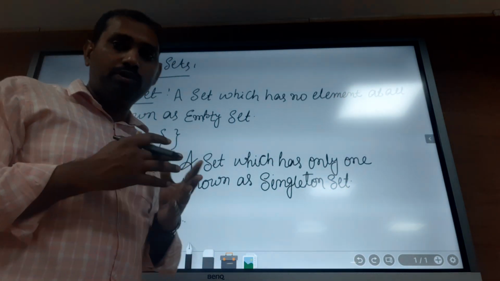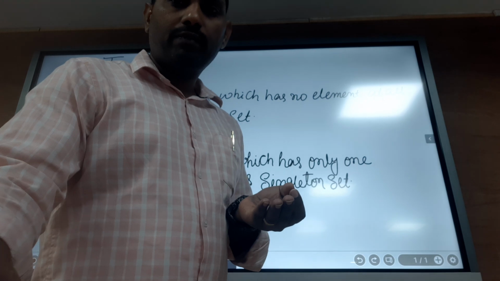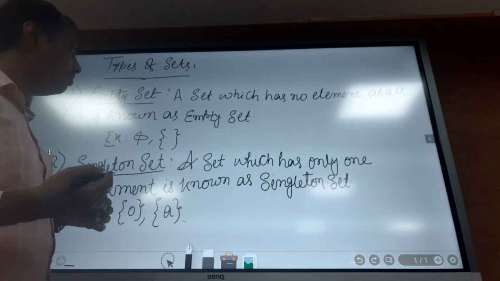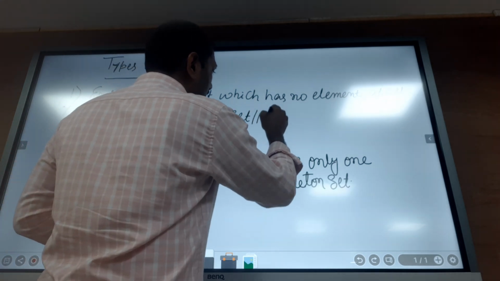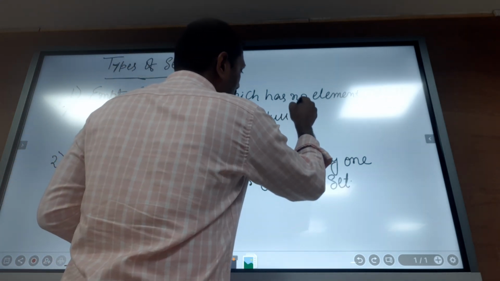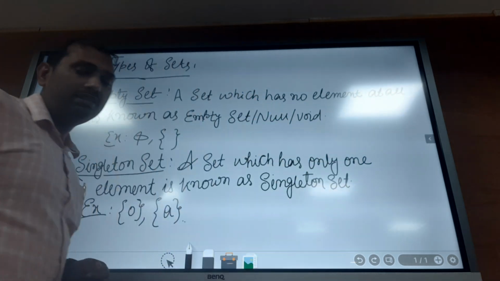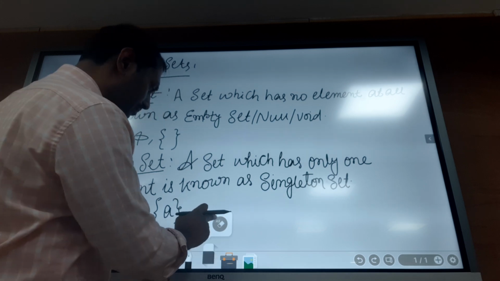So the two types of set: the first one is empty set, also known as null set or void set. And the second one is singleton set. Okay. Now the next one.